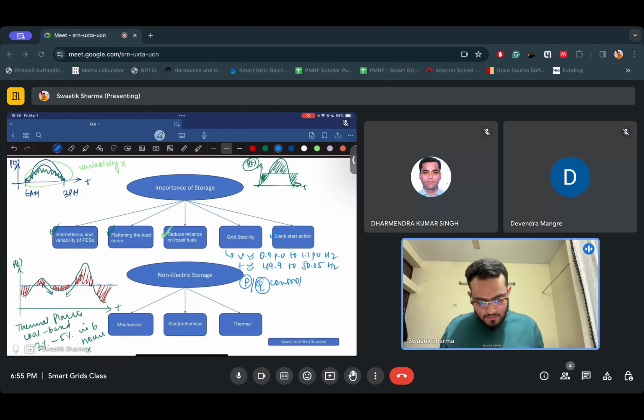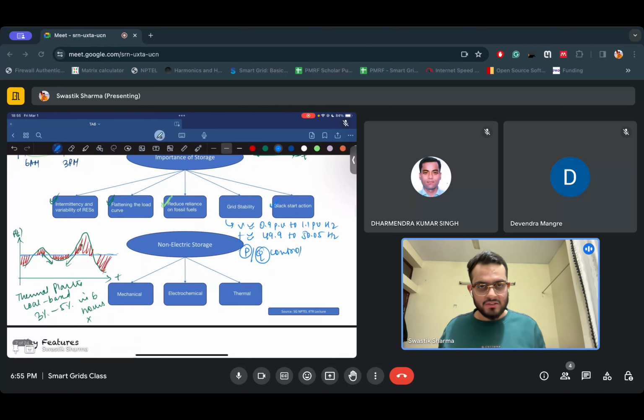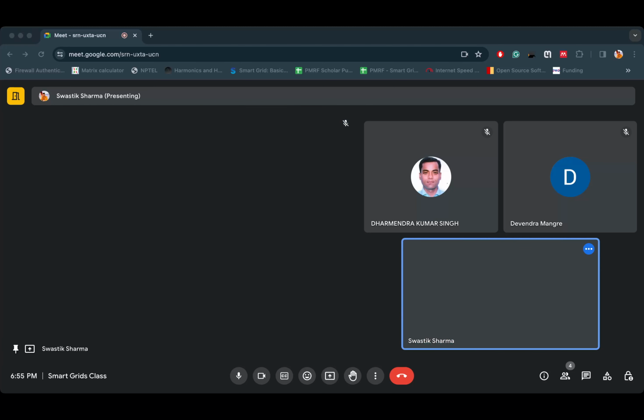Right? And there are three kinds of storage. One is mechanical. These usually include flywheels or pumped hydro storage. We then have electrochemical. Sorry, I don't remember the rest.